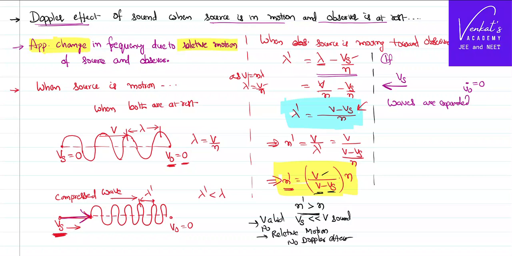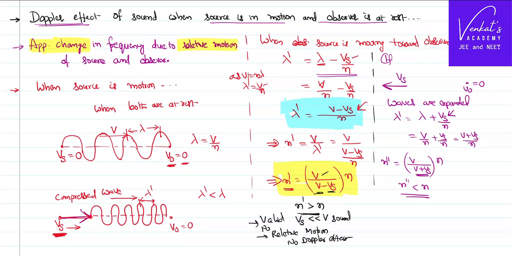As the waves are expanded, the new wavelength is the original wavelength plus the expanded wavelength because of the velocity of the source. That is V by n plus Vs by n, that is (V plus Vs) by n. That implies the new apparent frequency in this case is V by (V plus Vs) into n. It's very clear this denominator is more, so this frequency is less than the original frequency.